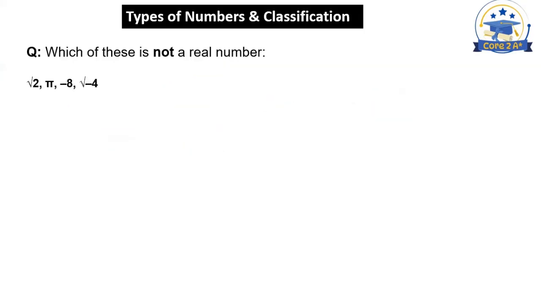Next. Which of the following is not a real number? Okay. So what is a real number basically? A real number is a combination of rational plus irrational.